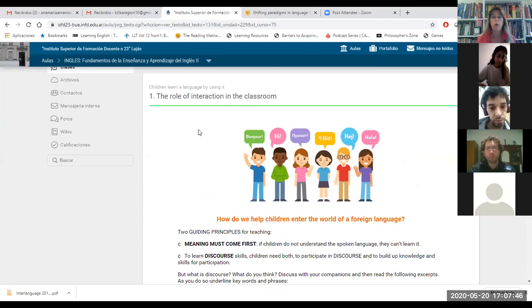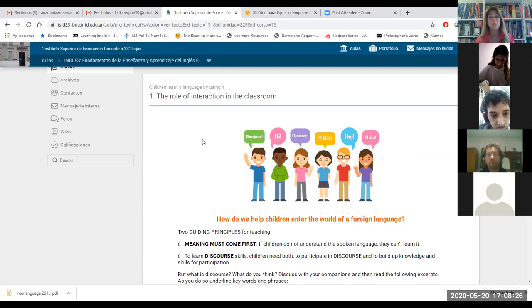There is one notion or one idea that you need to take into account, and it is the one that I write here in the title of the unit. It says, children learn a language by using it. There is no use in pointing out or talking about the language, telling them that there is something called the present simple or the present continuous, or that they need to write an S when they are using a verb.